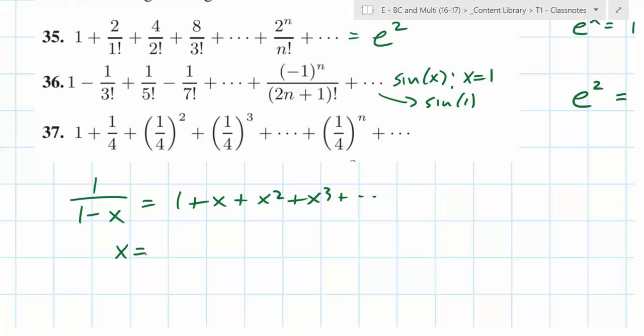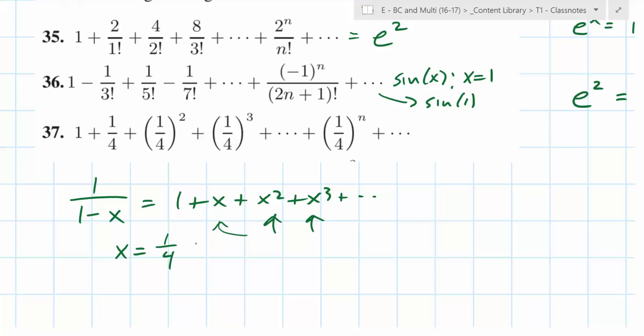X is 1/4. You're plugging it in on this side, right? So what should x be? 1/4, yes. Don't look into it too much. You're looking to make the right side look like the 1 over 1 minus x.